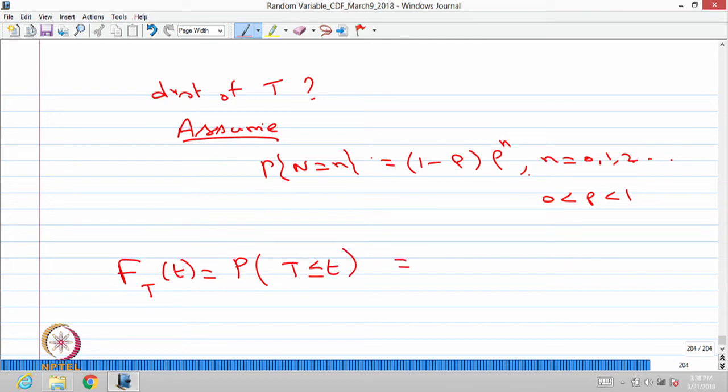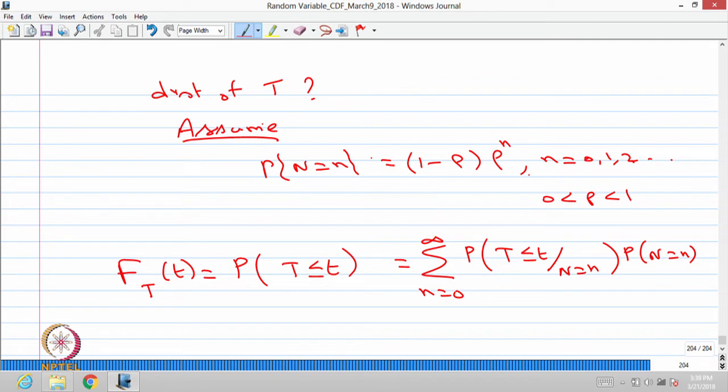That is the same as the conditional probability of T less than or equal to t, given that n takes a value small n, multiplied by the probability that n takes the value n, for all possible values of n.